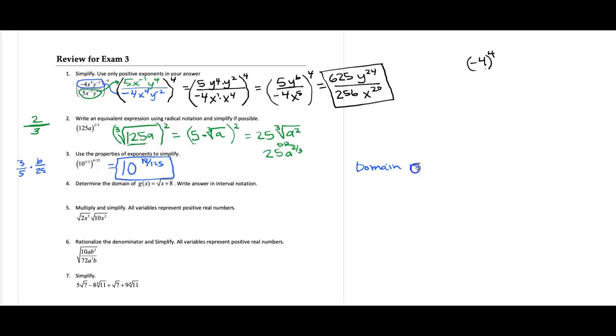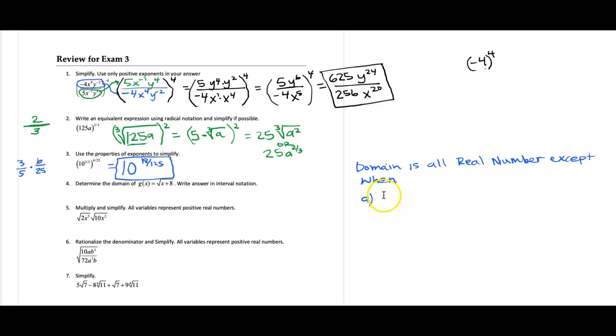So domain is all real numbers except when, so one exception is if you can't take the square root of a negative number, right? Because that gives us imaginary numbers. So we can't get a real number if we're doing that.